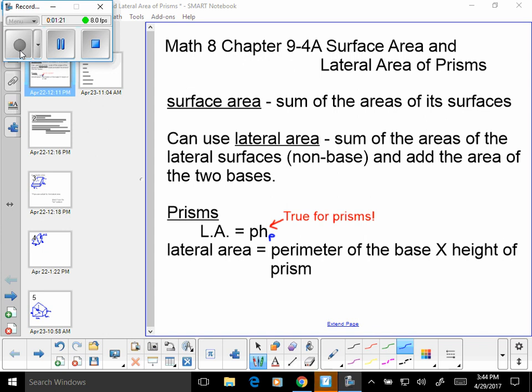Remember that perimeter means we add up all the sides. If it's a rectangular prism, for example, we're going to add up the four sides of the base. If it's a triangular prism, we're going to add up the three sides of the base. If it's a trapezoidal prism, we'll add up the four sides of the trapezoid. That's the perimeter, and then we have to take it times the height of the entire prism.